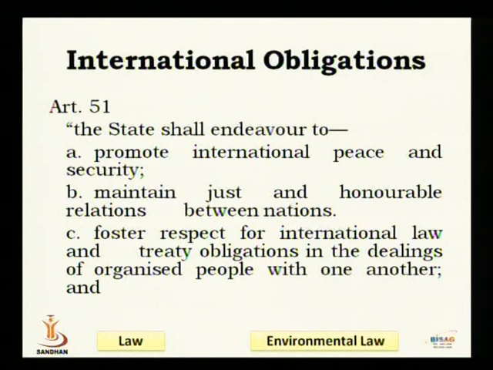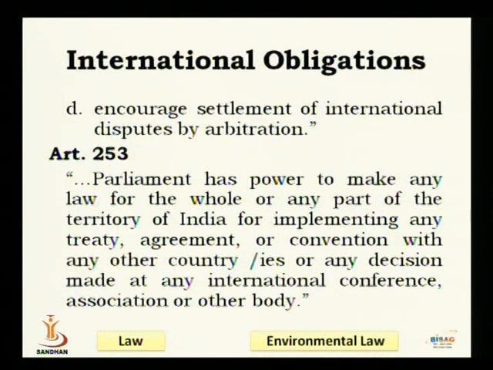Clause C speaks about respect for international law and treaty obligations among the people of organized states with one another. It is the duty of each state to live in a peaceful manner with each other.